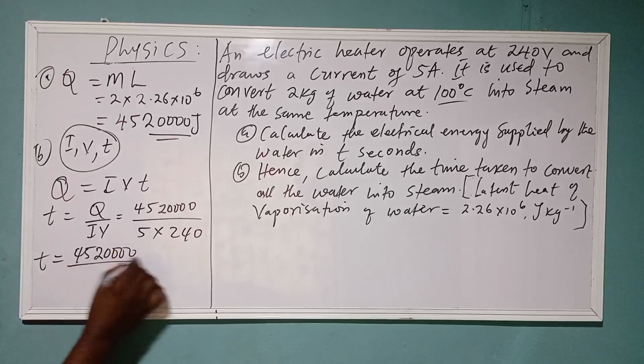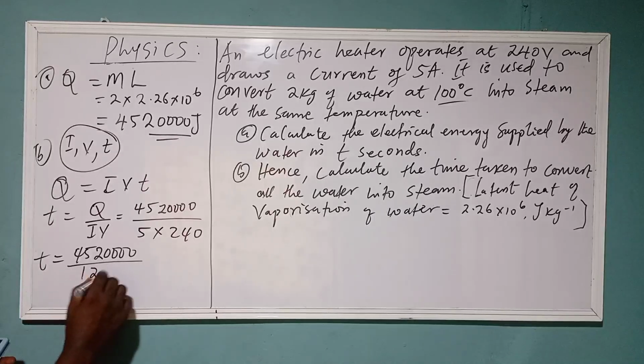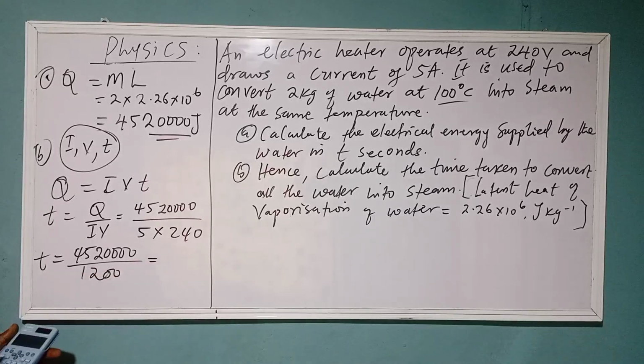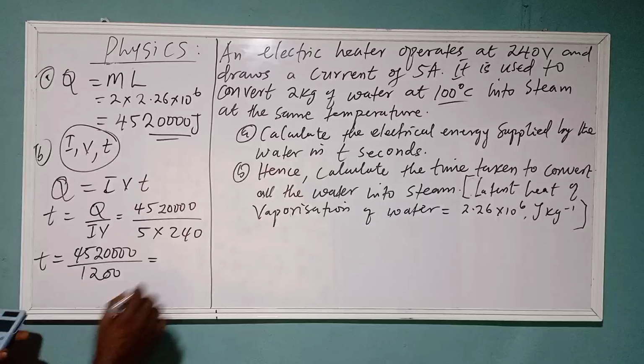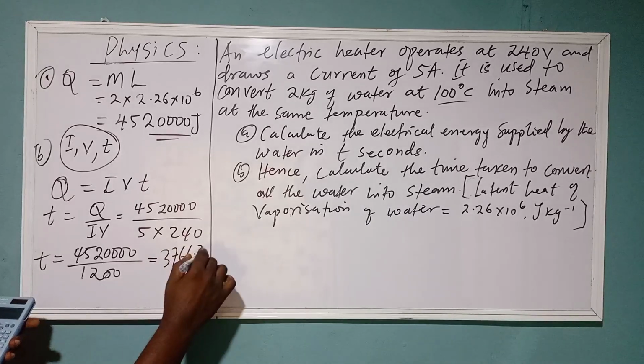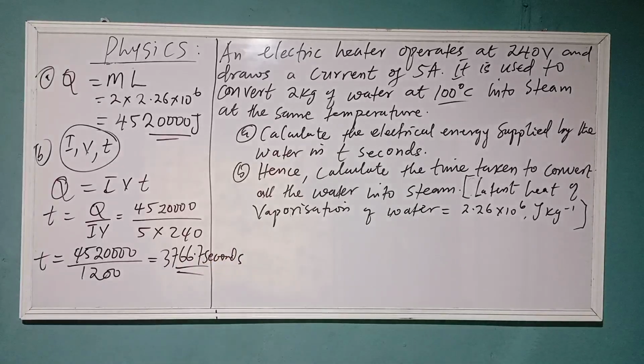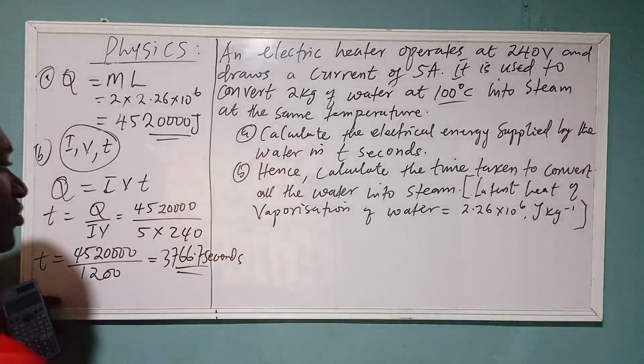Let's multiply 5 by 240. 5 times 240 gives you 1,200, right? So 4,520,000 divided by 1,200 will give you 3766.7 seconds. Now, we are going to convert this value to minutes. And how do you do that?